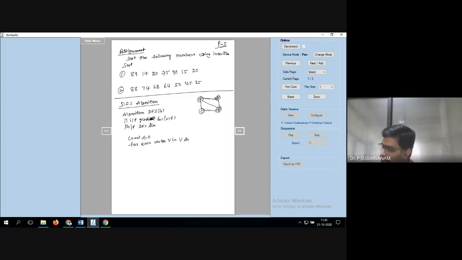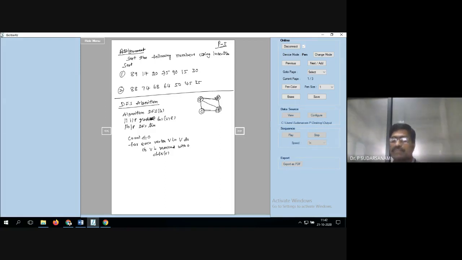Now if V is marked with 0, DFS of V. Yesterday only we did the laboratory program, where we wrote reach of 0. But here it will be written: if V is marked with 0, then call the DFS of V.